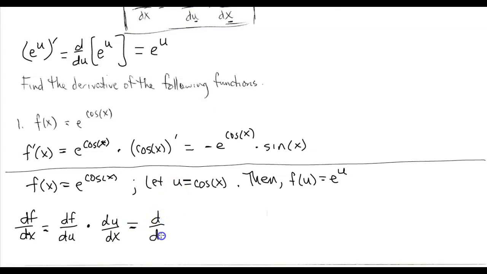So if we look at this, our function in terms of u is just going to be e raised to the u. And then we multiply that times the derivative of the inside function, or derivative of u, which is cosine of x. Here we know that the derivative of e raised to the u with respect to u is just e raised to the u.